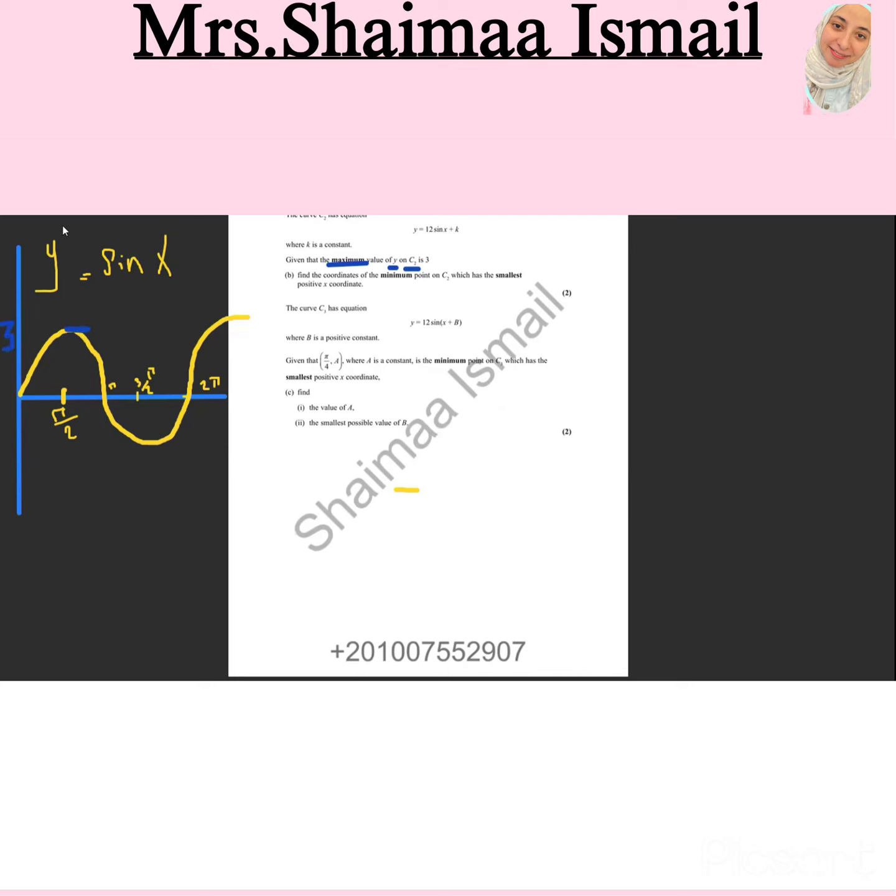Let's draw another graph. Let's keep the original beside us and draw the normal one here. So he said to you that this is 3. So we have a new axis. If this is 12, it is above the new axis by 12, so the new axis must be below.